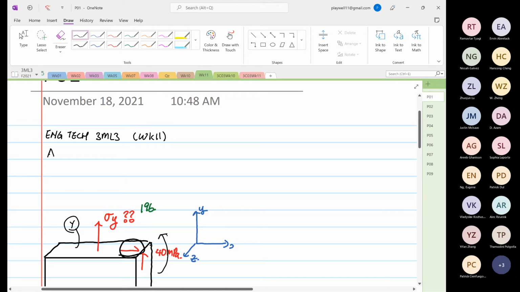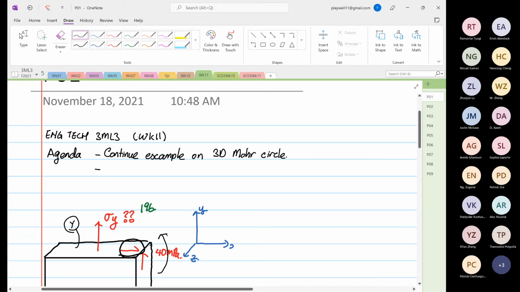So the agenda for today is we are going to continue the example on 3D Mohr circle, and we're going to carry on.